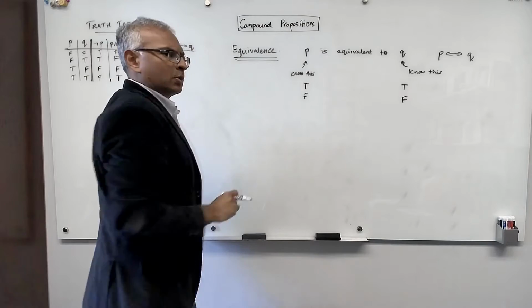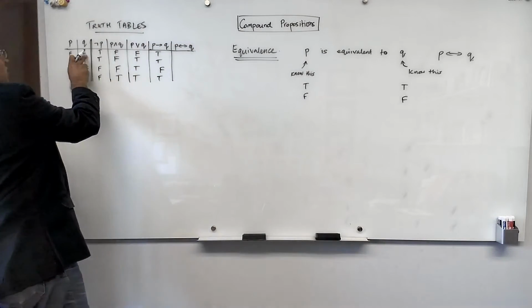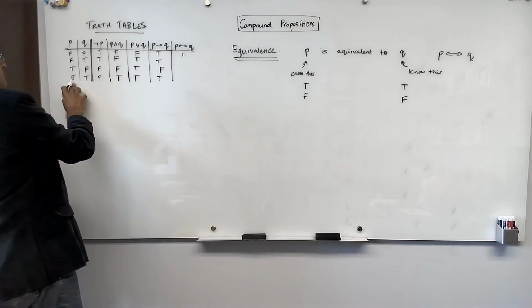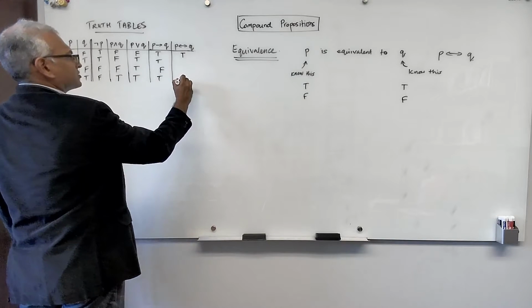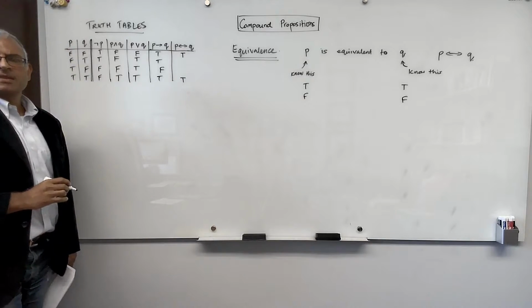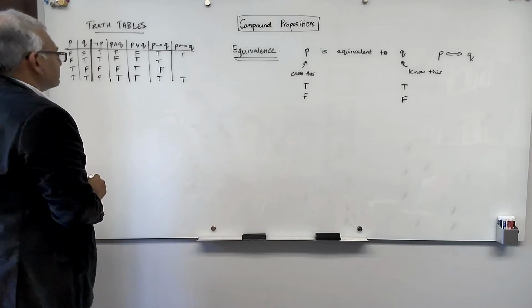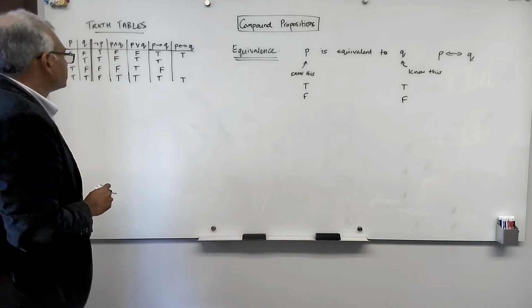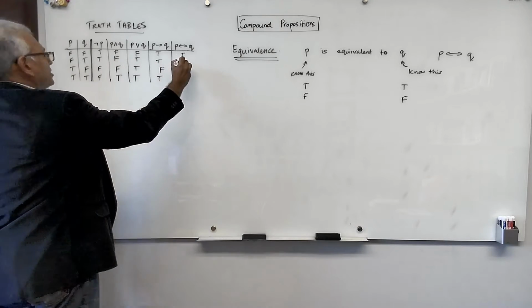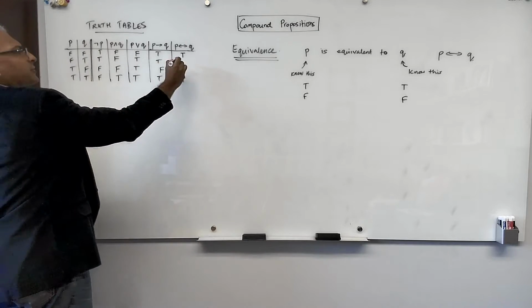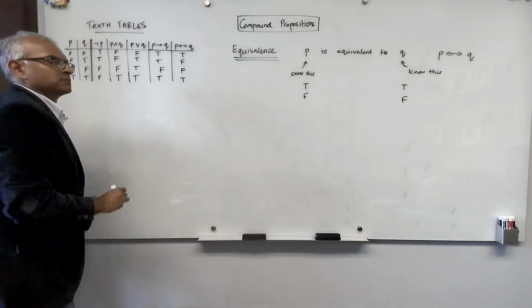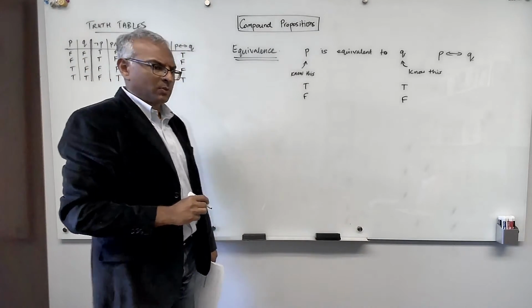The equivalence is true if they are both false, or if they are both true. But the equivalence is false when P and Q have different truth values. So there we have the truth table for equivalence.